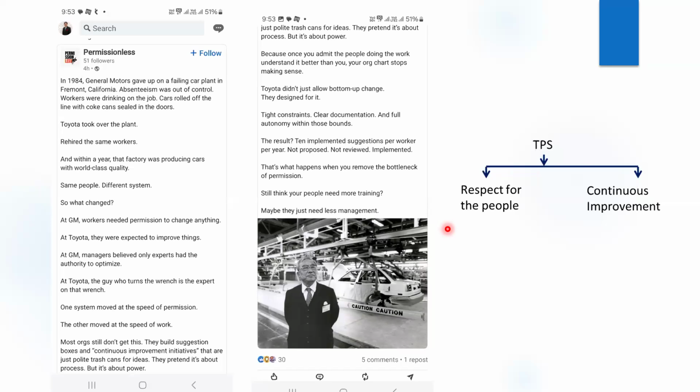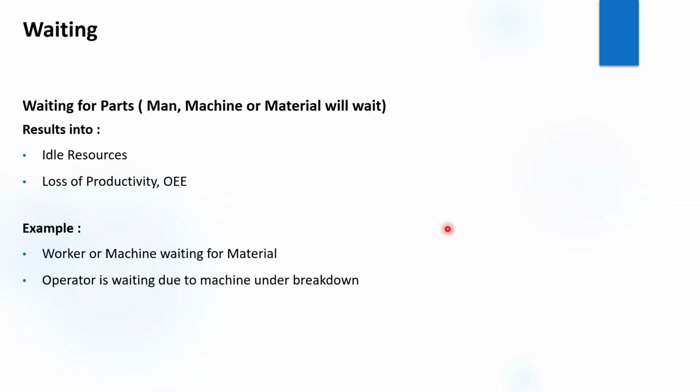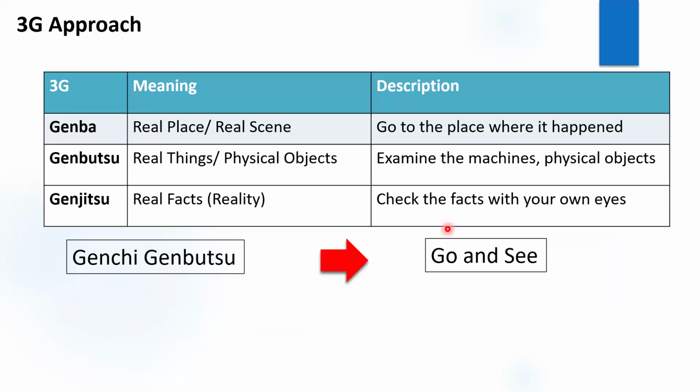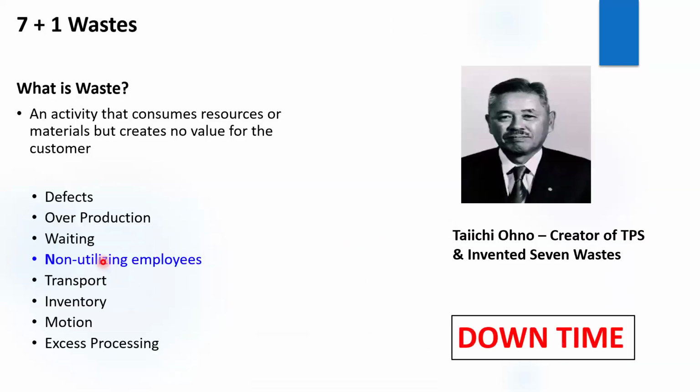On day one I told you, Toyota never says we build cars. They say we build people, and our people build cars. That is the fourth waste, non-utilization of human talent.